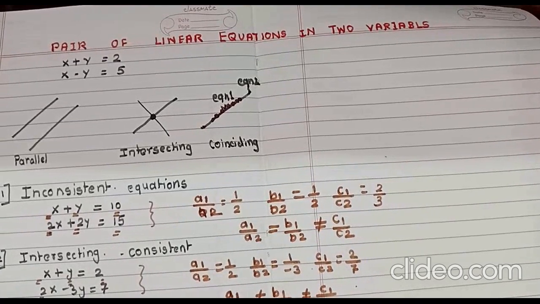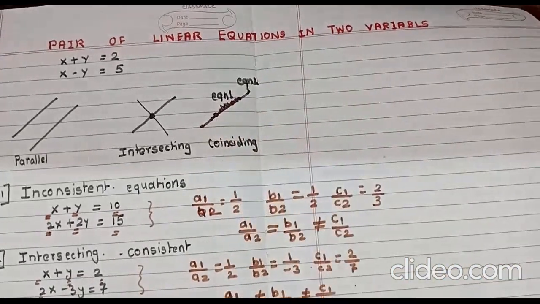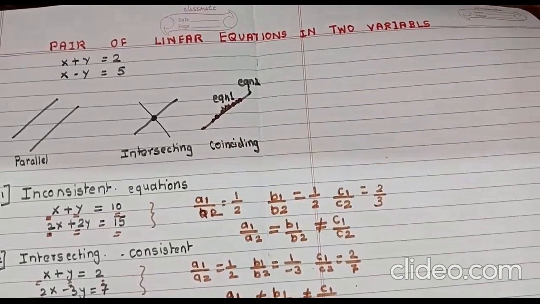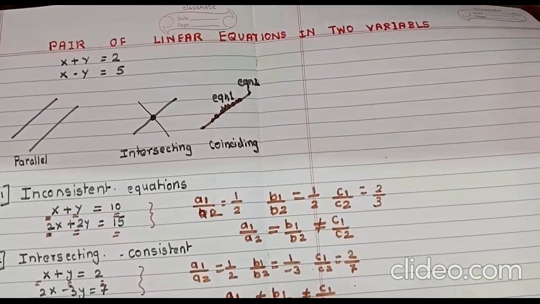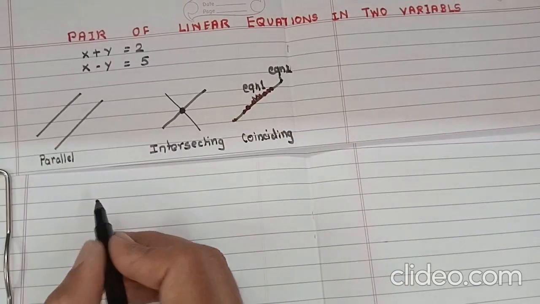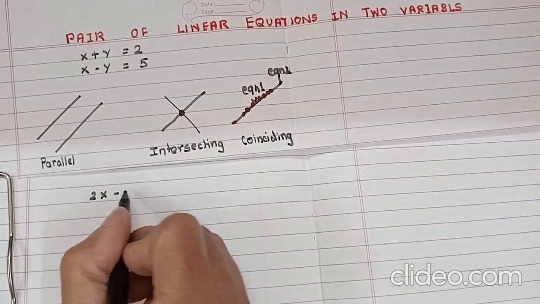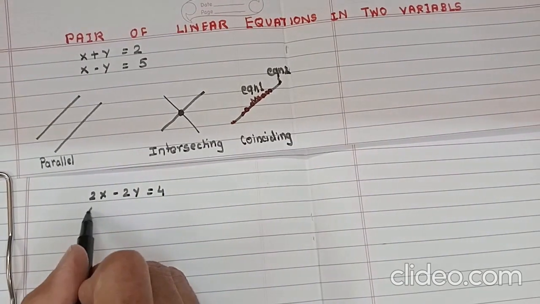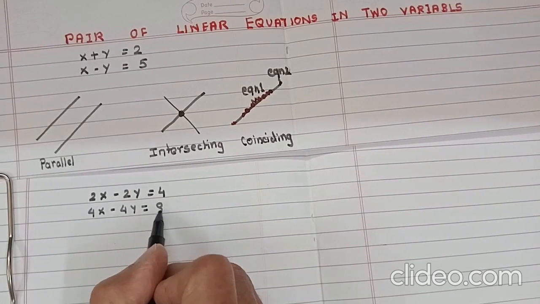And the third one, coincident or dependent equations. These are also consistent, but they have infinitely many solutions. So what do you get here? The first equation says 2x minus 2y is equal to 4, and the second equation is 4x minus 4y is equal to 8.